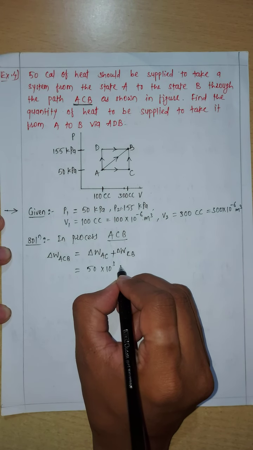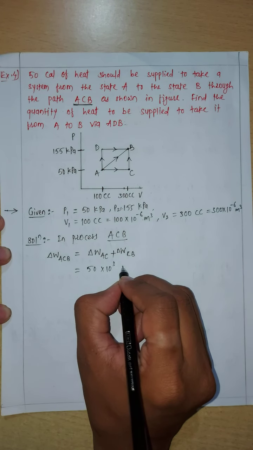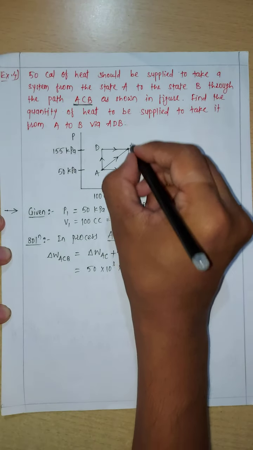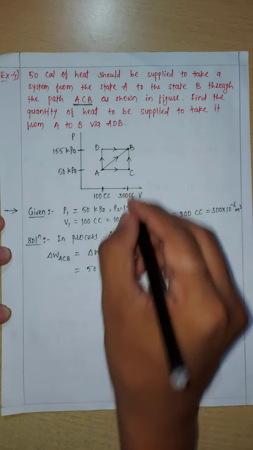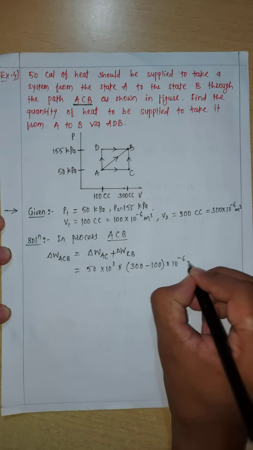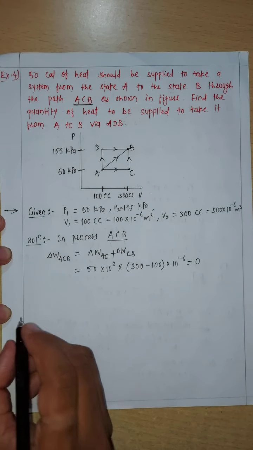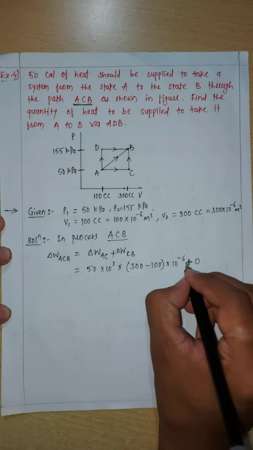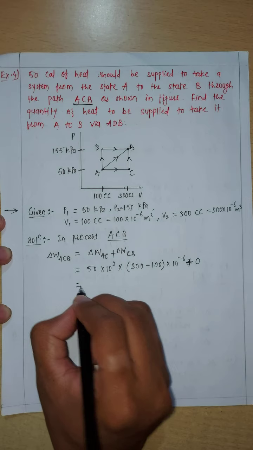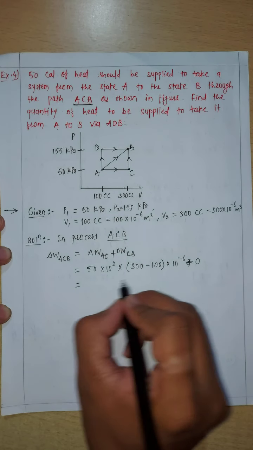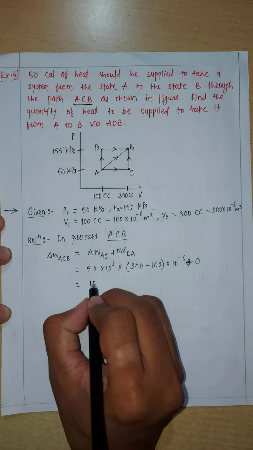This is the amount of pressure here, into 300 minus 100 into 10 to the power minus 6. Okay, and यहाँ से यहाँ जाने तक वॉल्यूम कांस्टेंट है. अगर वॉल्यूम कांस्टेंट है तो वर्क भी कांस्टेंट रहेगा, so it will be 0 plus. Okay, so after calculating this you will get 10 joule.